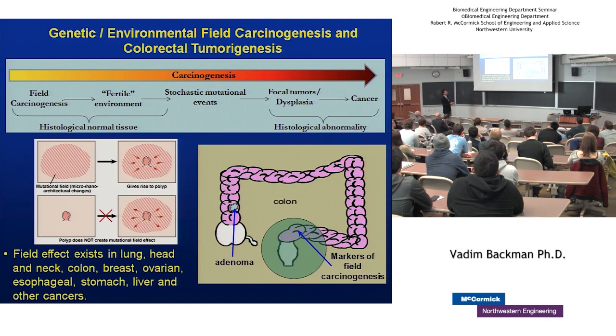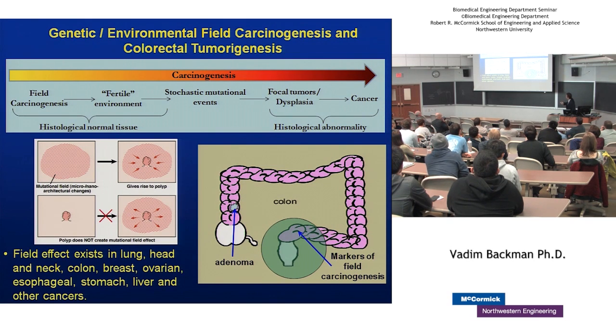So field carcinogenesis is essentially the initial phase, that's how cancer starts. The problem is the tissue is, by definition, at this point, looking fairly normal. It's histologically normal, it's macroscopically normal. It may not be molecularly normal, but it looks normal.